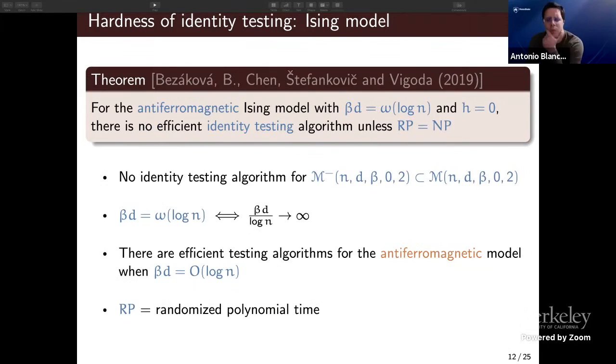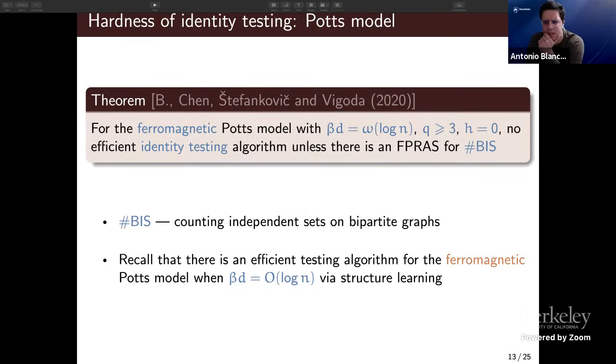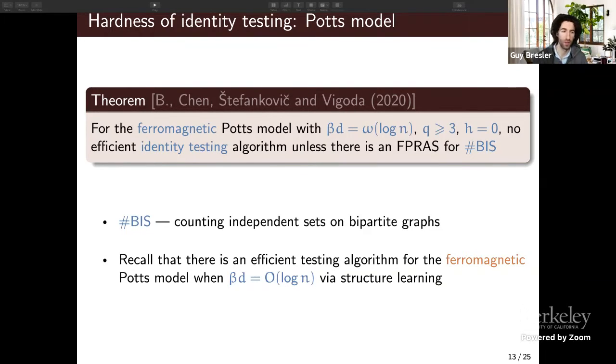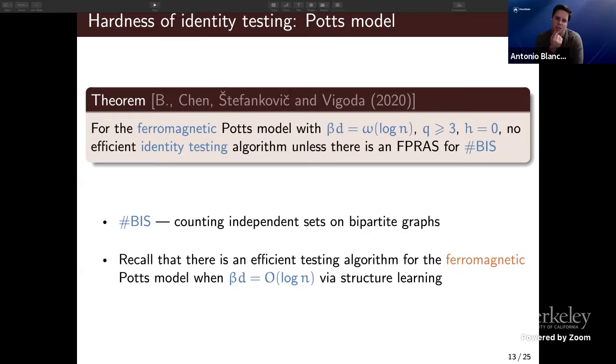So you're saying I'm only assuming that beta D is order log n, but you could have very weak edges, which would then be hard to learn, but maybe that doesn't matter for your application, or just for the testing application.